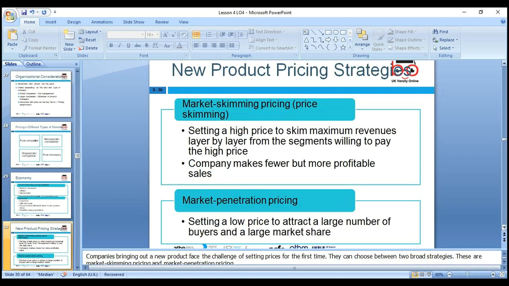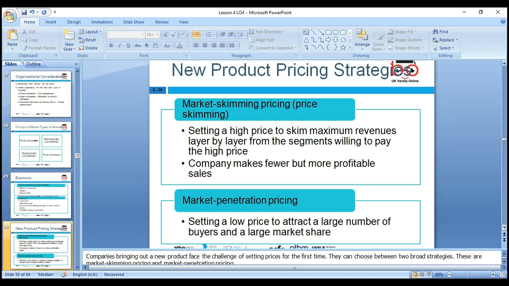New product pricing strategies: skimming means a high price for the first few months. Think about technology, Apple iPhones, Samsung: they charge a high price when they launch a new brand, very expensive, then eventually the pricing changes as technology changes.